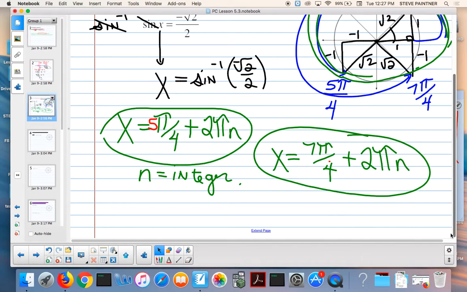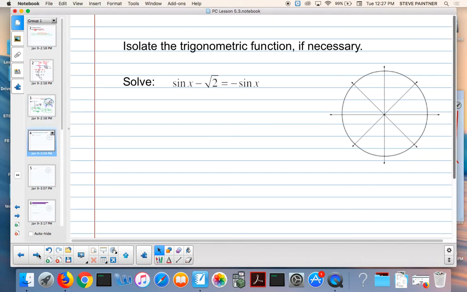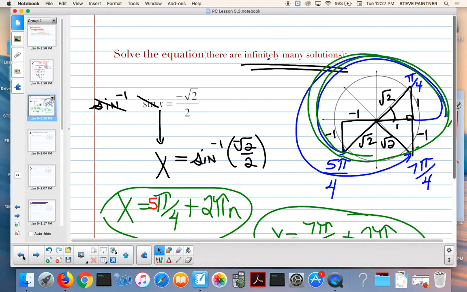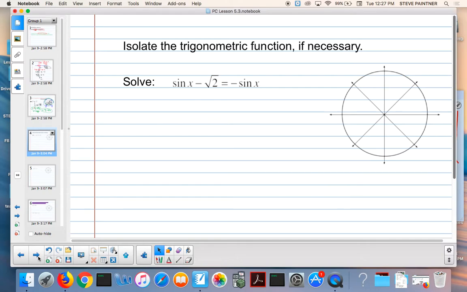Okay. Next. Let's try this one. Is this going in order? Yes. What do you notice that's different? Signs on both sides. In your mind, just go back to algebra 1 and algebra 2. This is like saying sine of x is just like saying x, minus a number.